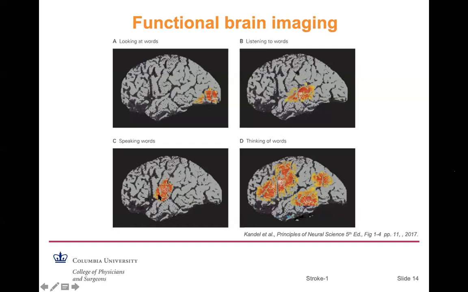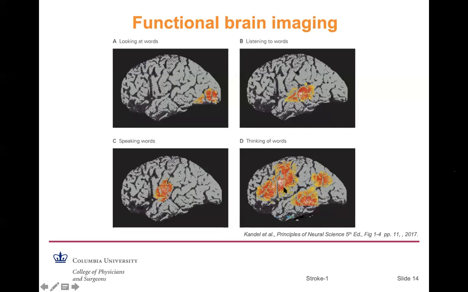When you tell that individual to speak words, to produce language, the inferior part of the frontal lobe is the area you can see lighting up. This is a real brain of the individual being told to speak words, and this is the area that's lighting up.